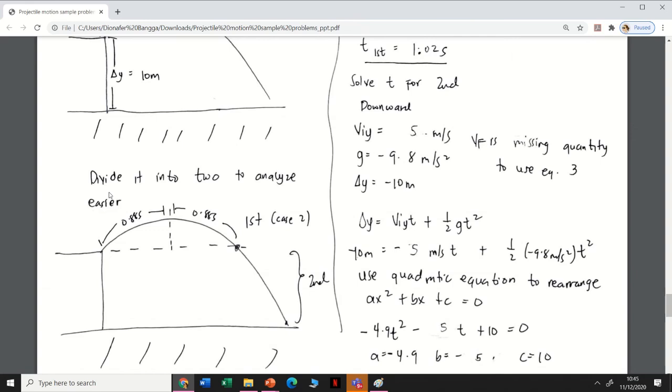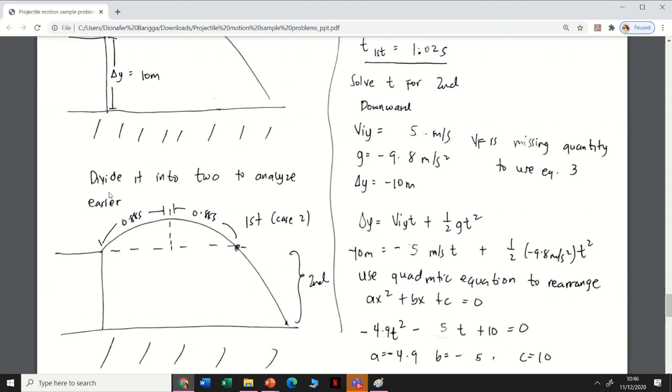That term wherein you have the squared variable, and that is 1/2 times negative 9.8. If you simplify that, it would give us negative 4.9 t squared. And which one would become our bx? That quantity which contains the same variable raised to 1, and that is the negative 5 meters per second. So simplifying, you can just write negative 5t plus 10.